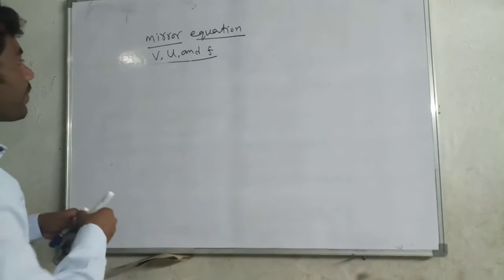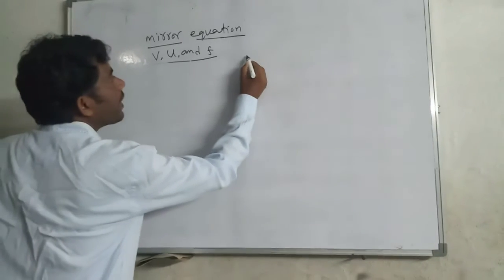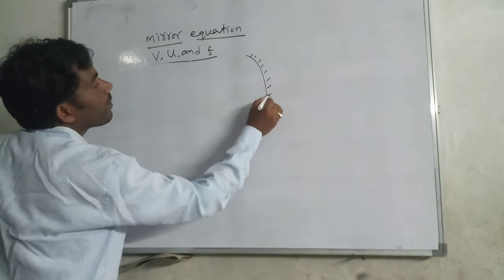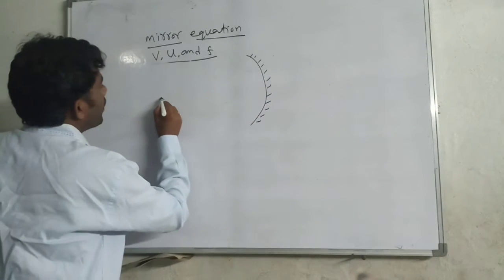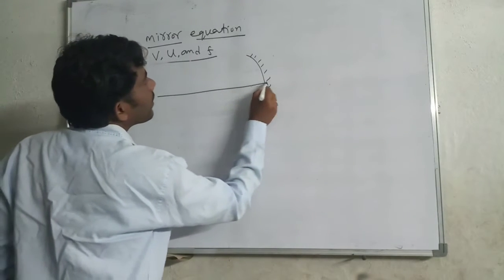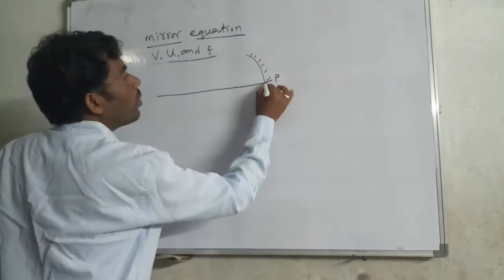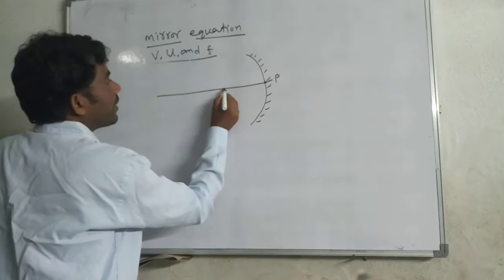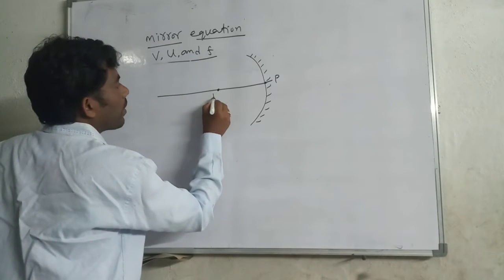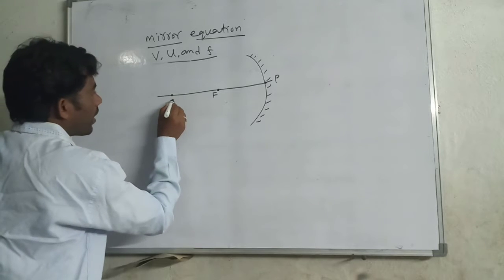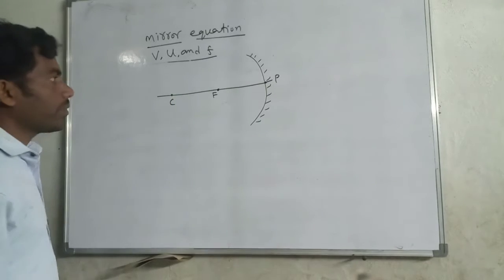First, suppose you take a concave mirror. This is the principal axis. This point is taken as the pole, this is the focus point and this is the center of curvature.